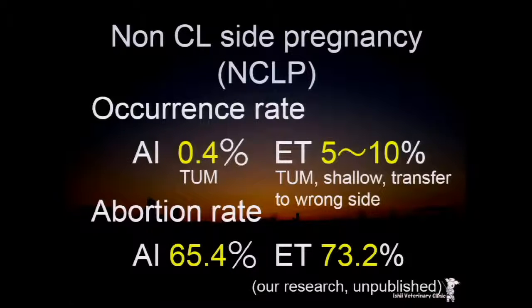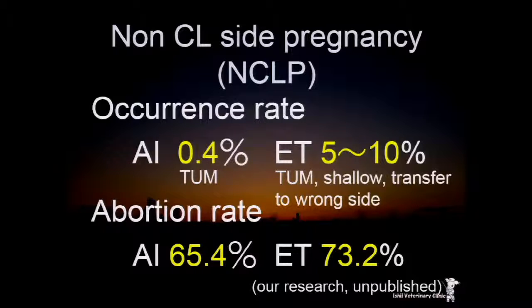The incidence of NCLP in inseminated cows is 0.4%, very rare, and 5 to 10% on embryo transfer. This number on ET varies greatly depending on the technician who is implementing it.